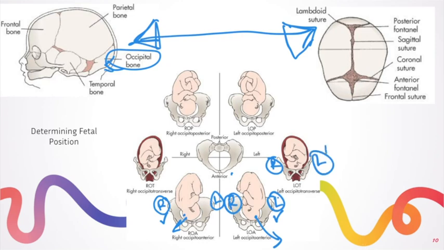So left occiput, the baby's head, is directly facing this way. And these two here are posterior babies. So basically, when you're checking your patient, the back of the baby's head is facing the posterior side of the person's pelvis, left and right, okay? That's how we do that.